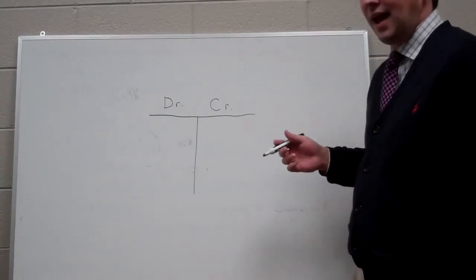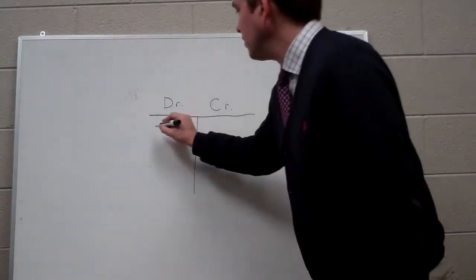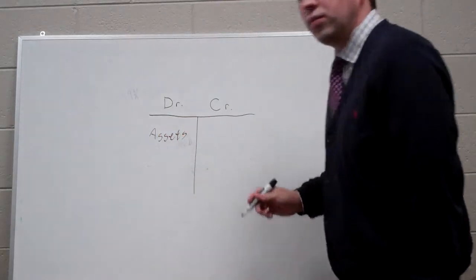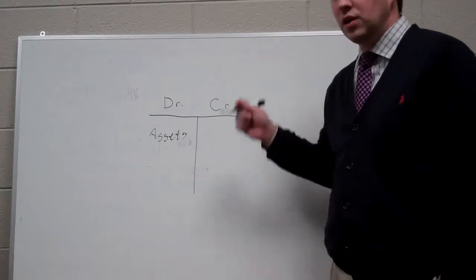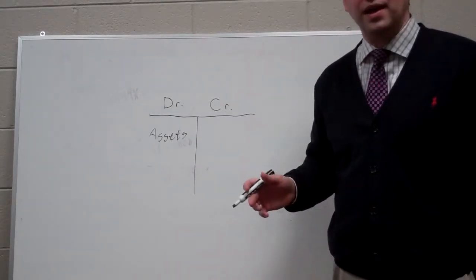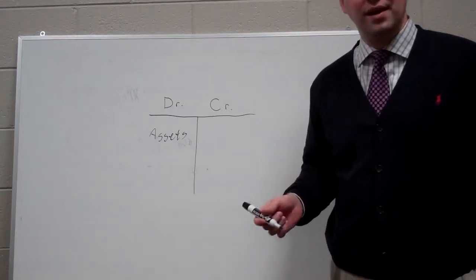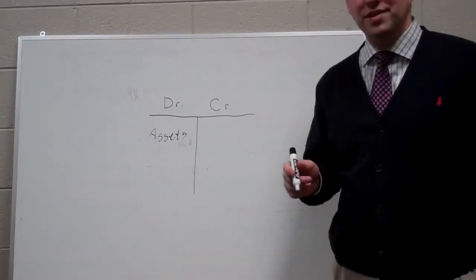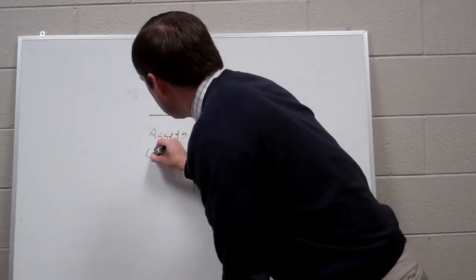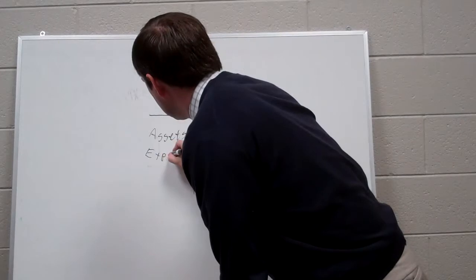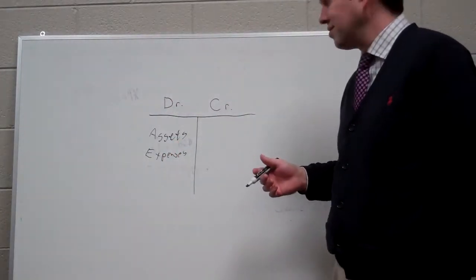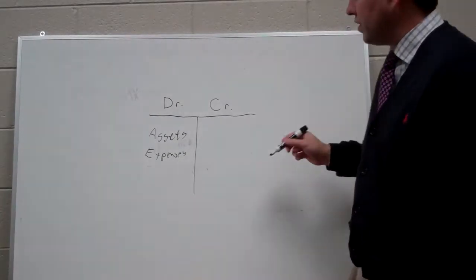Assets. Assets increase on the debit side. When we receive cash, we debit cash. When we pay cash out, when cash is going down, it gets credited. Assets increase on the debit side. Also, expenses. Those costs of doing business, those increase on the debit side.